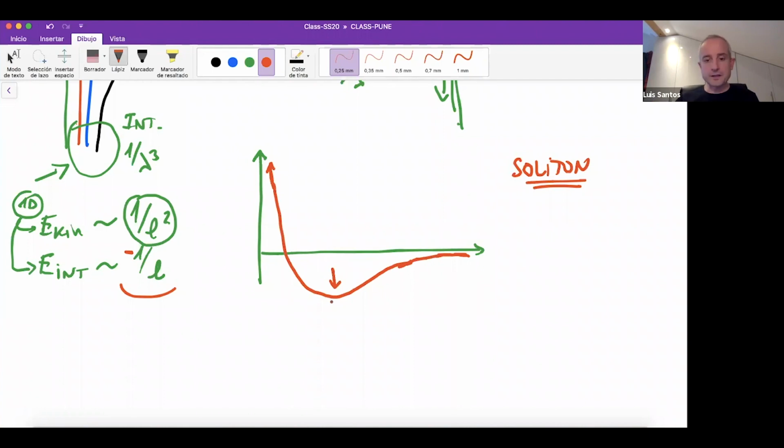In 1 dimension, you don't have collapse, but rather the formation of this type of self-bound solution. You don't need a trap. The physics of solitons has attracted a lot of interest in the BEC community, and these solitons have been observed in experiments.